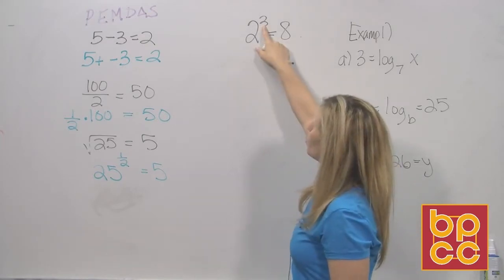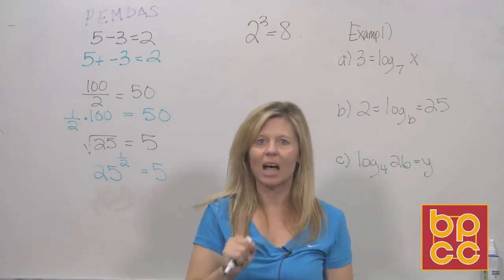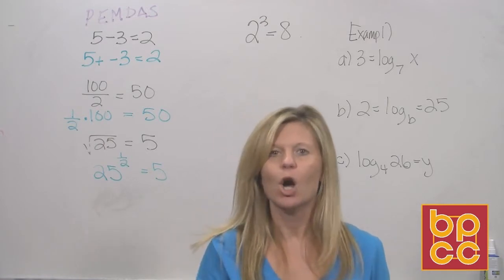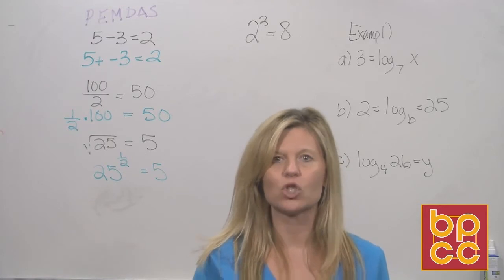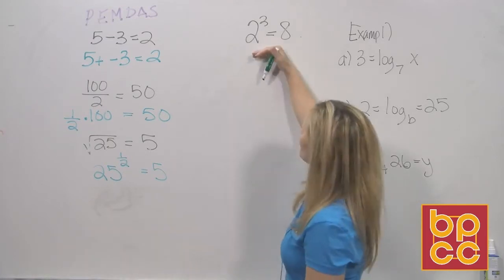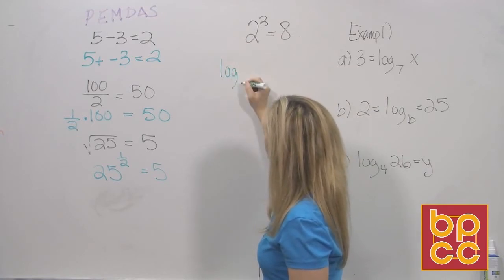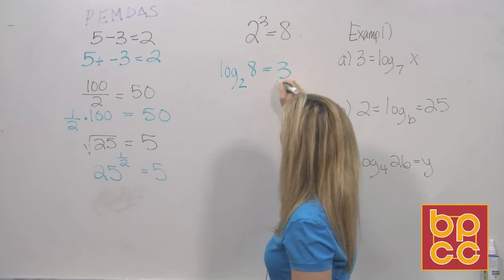Every equation with an exponent can be rewritten as a logarithmic equation. Now that's a big word, logarithmic. We're going to abbreviate it short. We're going to use log, L-O-G. So I can rewrite this equation as log base 2 of 8 equals 3.